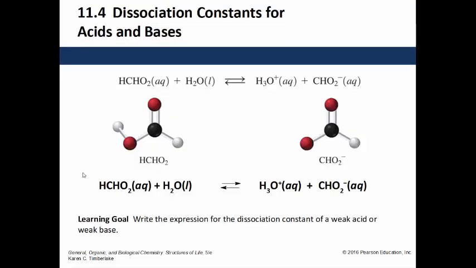All right, now we'll move on to dissociation constants for acids and bases. What you see here are the ball and stick models of the compounds right above it. So this ball and stick model is the same thing as HCHO2, and this ball and stick model is the same thing as CHO2-.